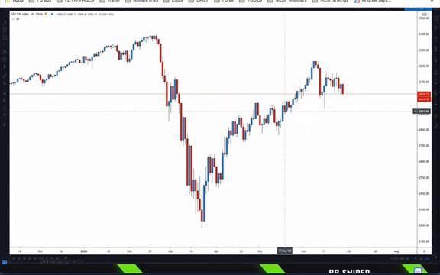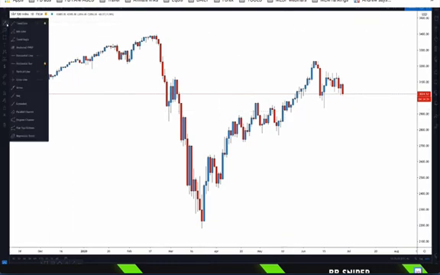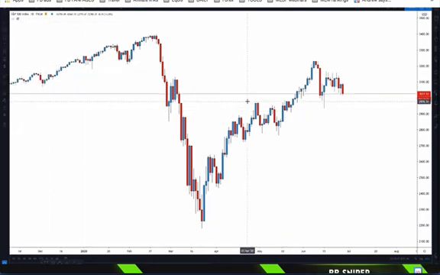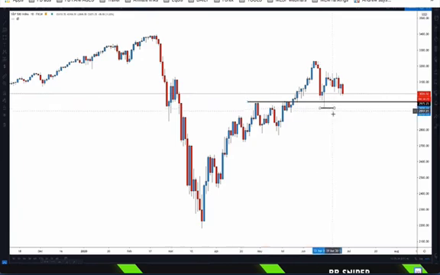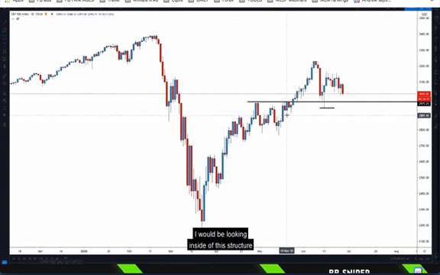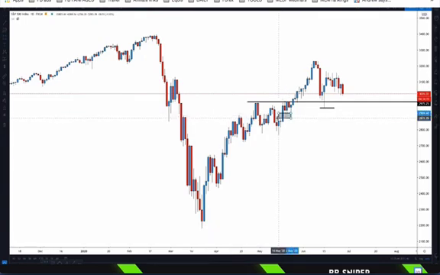How low could we be going? I would have a point of interest at 29.75. I would be looking below this old low, inside of this structure right around the 2900 whole level.